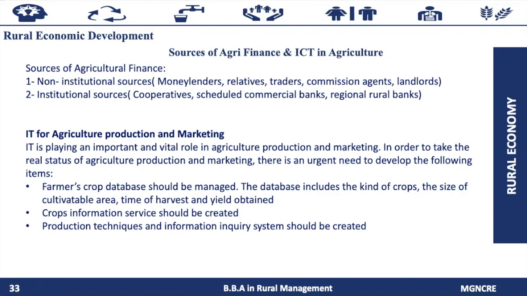The second point being crop information service should be created for the welfare of all. And the third point being the production techniques and information inquiries system should be created so that it would be beneficial for the farmers. Now, thinking about all these points and why these specific points were mentioned, we'll be taking the discussion forward.